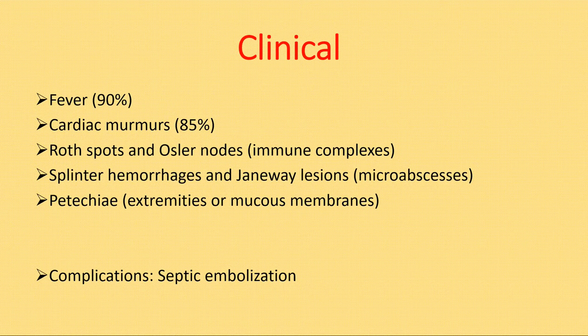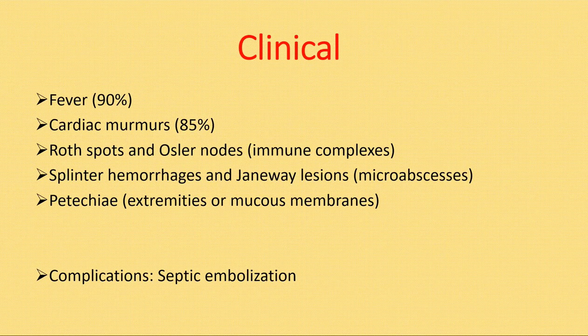What does that mean? For example, the patient has glomerulonephritis, or the patient has a pulmonary embolism when the endocarditis affects the right side. So on the right side, those microemboli travel to the lung. Also, the patient has a stroke or even vertebral osteomyelitis, which could be a complication of infective endocarditis.